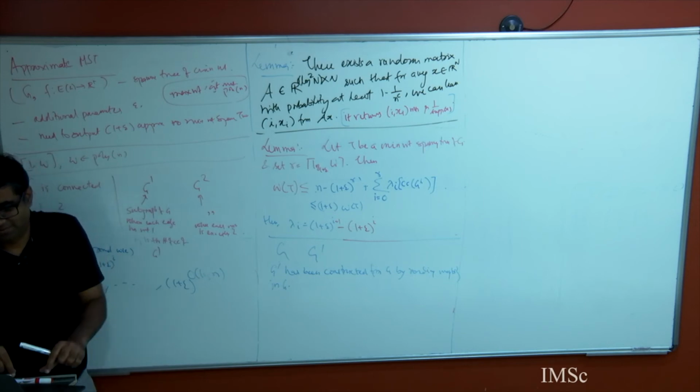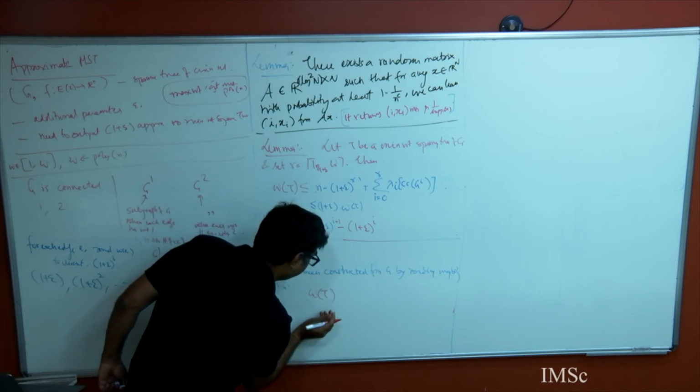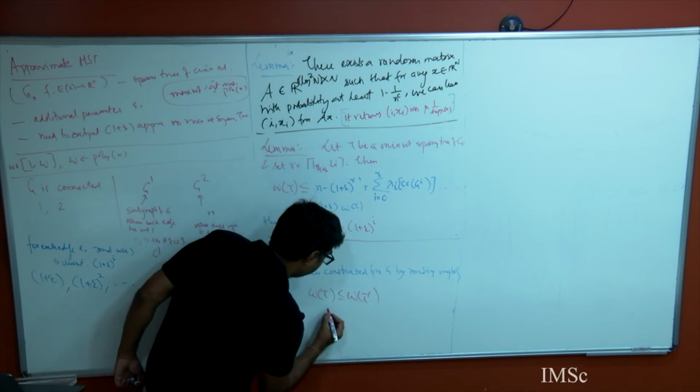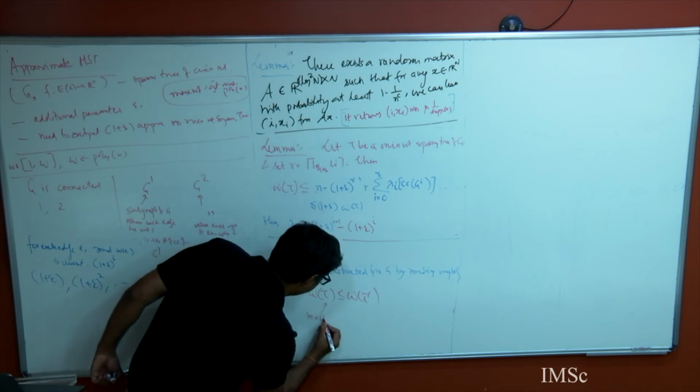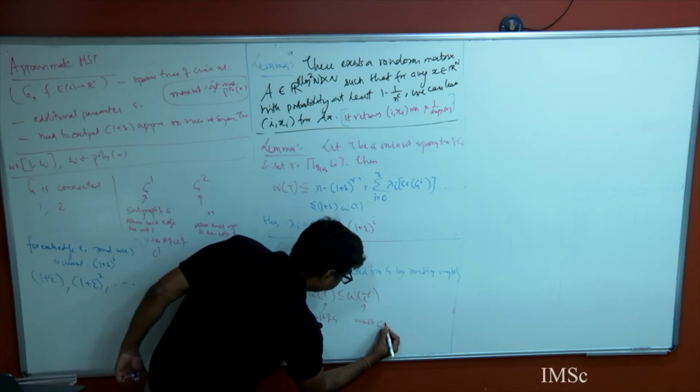So definitely the weight of T, where T is a minimum weight spanning tree of G, is less than or equal to the weight of T prime, where T prime is a minimum weight spanning tree of G prime.